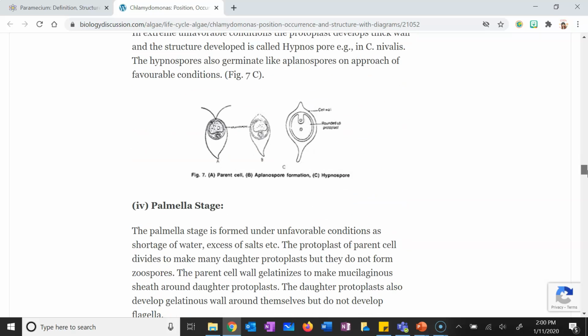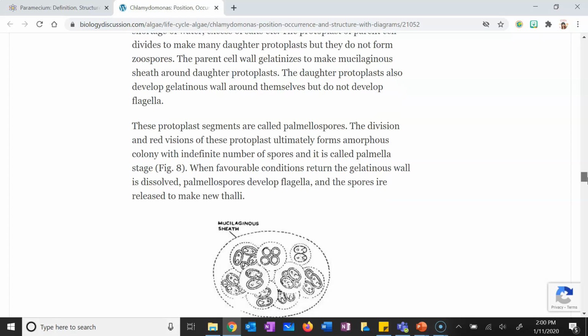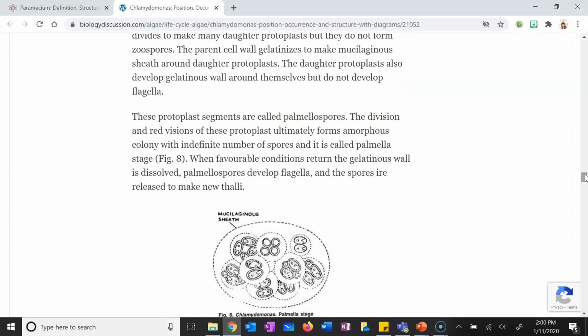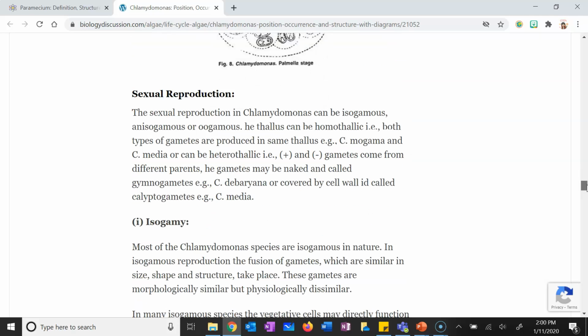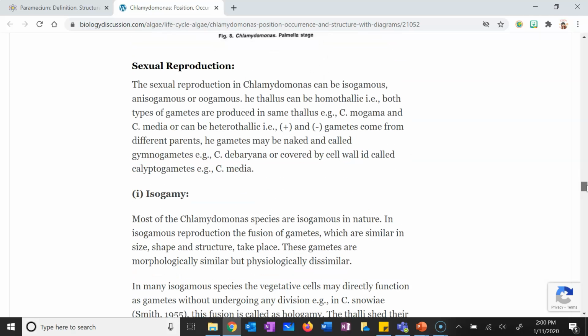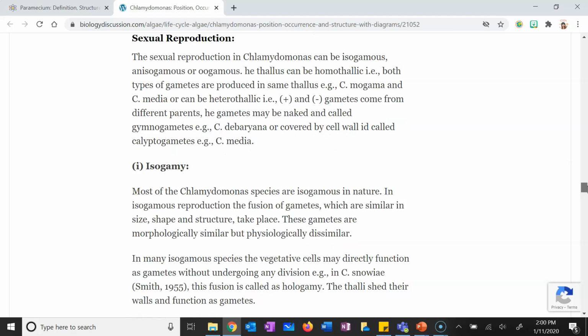This is a bit high level still, but it's just giving you that introduction to them. So again, they reproduce both asexually and sexually.